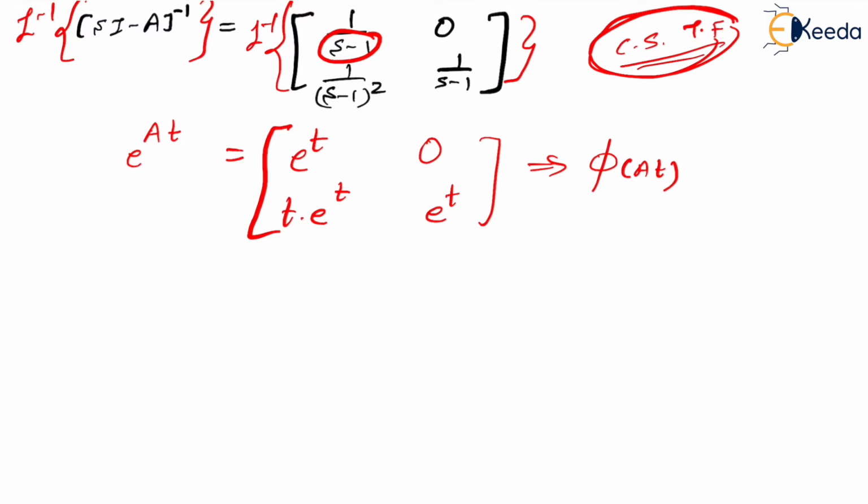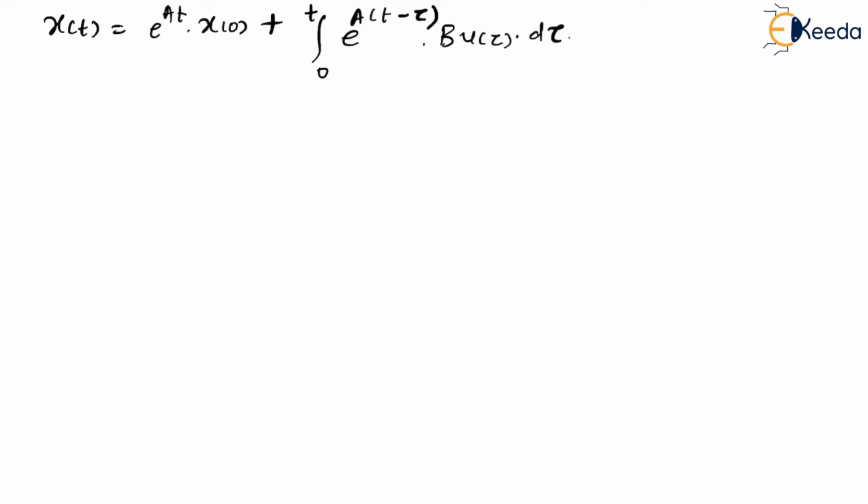Now let us use our formula and replace everything and see what we get there. What is our formula? It is x of t equal to e to the power At into x of 0 plus integration 0 to t of e to the power A into (t minus tau) B into u of tau d tau.